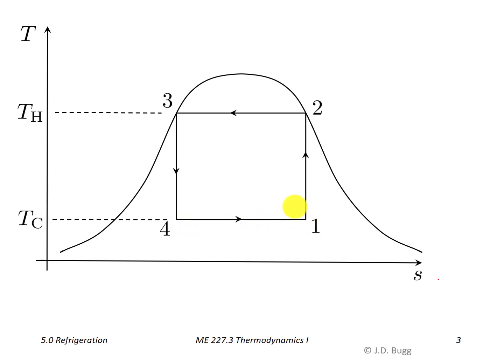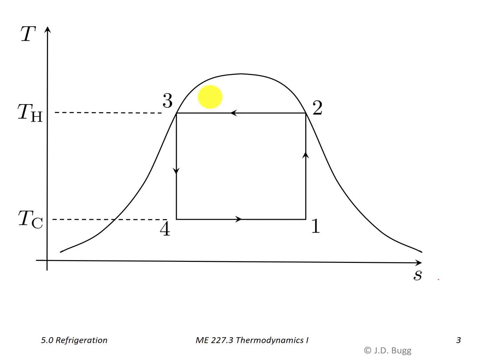So these two processes are also constant pressure. Now, I happen to have started this at the saturated vapor line and ended it at the saturated liquid line, but there's nothing particularly special about that. And we'll see we need to move some of these points anyway to get a practical cycle. So currently, this is a Carnot cycle operating in the liquid vapor region.